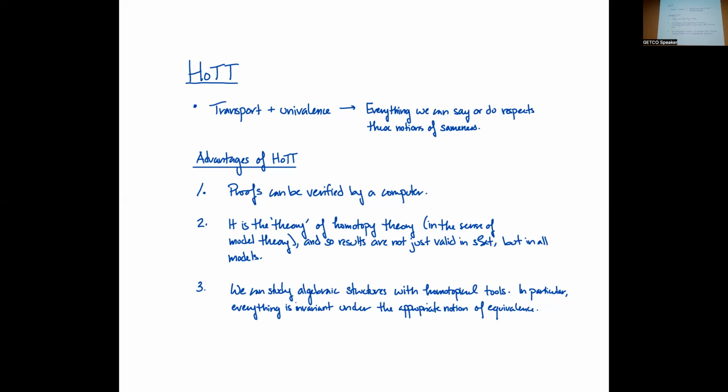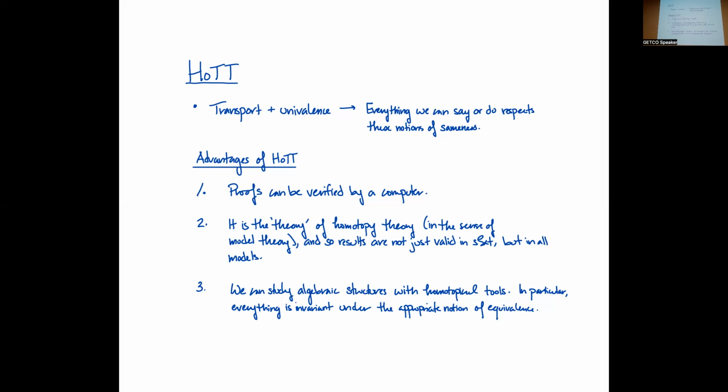Okay, so in summary, let me talk about the advantages of HoTT as I see them. First of all, as I haven't talked about at all so far, proofs in homotopy type theory can be verified by a computer. That's nice. We might say that HoTT is the theory of homotopy theory, in the sense of model theory in logic.